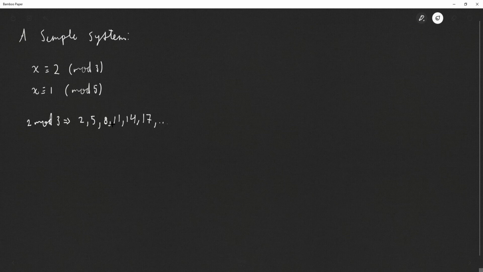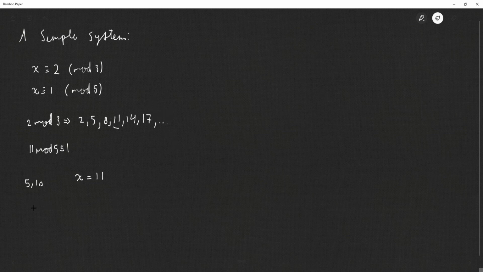As we can see, 11 would work, because 11 mod 5 is congruent to 1, as multiples of 5 are 5 and 10, and 11 is just one number above 10. Meaning that for this example, x would be equal to 11. And since the moduli are 3 and 5, the solution is unique modulo 15.